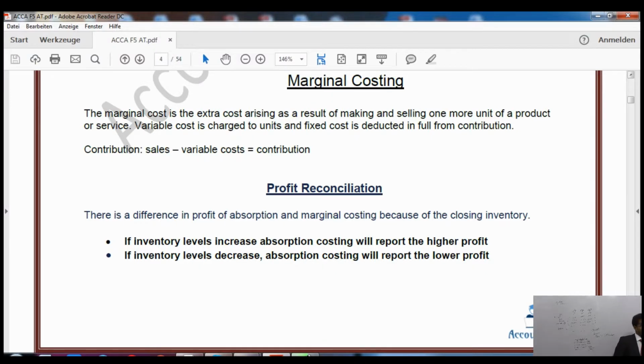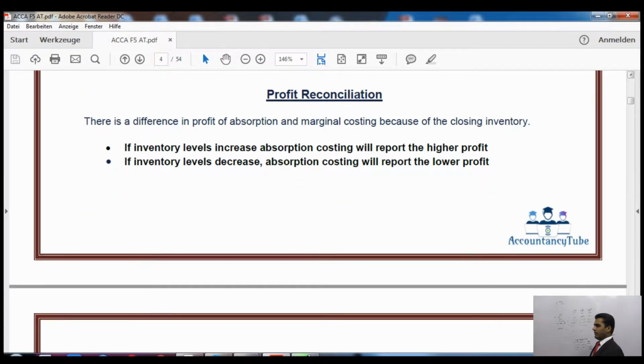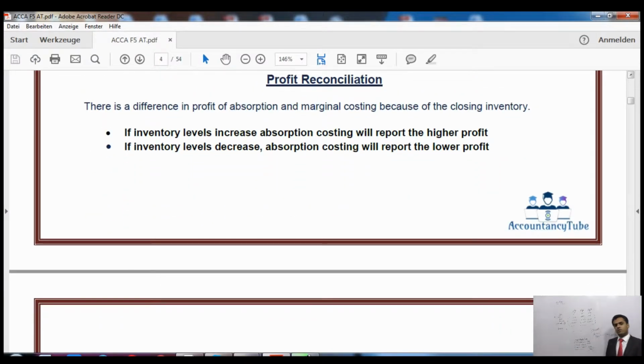Now, profit reconciliation. That is also one of the important topics that was important in F2, but logically speaking, it is very, very important for you to understand the logic behind it. It says that under absorption costing and marginal costing, the profit is going to be different because of the inventory levels, right? Now this tells us about short-term thinking.